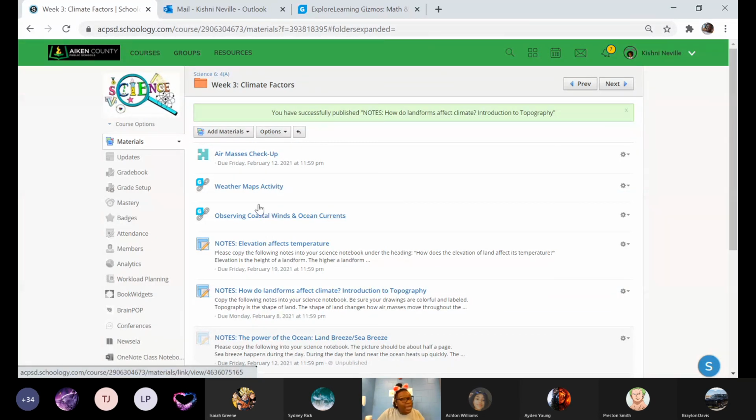If you have not created your gizmo account, I'll need you to email me so I can give you the information and how to create your gizmo account. You then have some notes here that you're going to be completing, and these will be the same assignments. I'm not releasing anything else new for today and tomorrow, okay? All of these assignments and notes you'll need to start working on today, but they won't be due until the end of the day tomorrow.